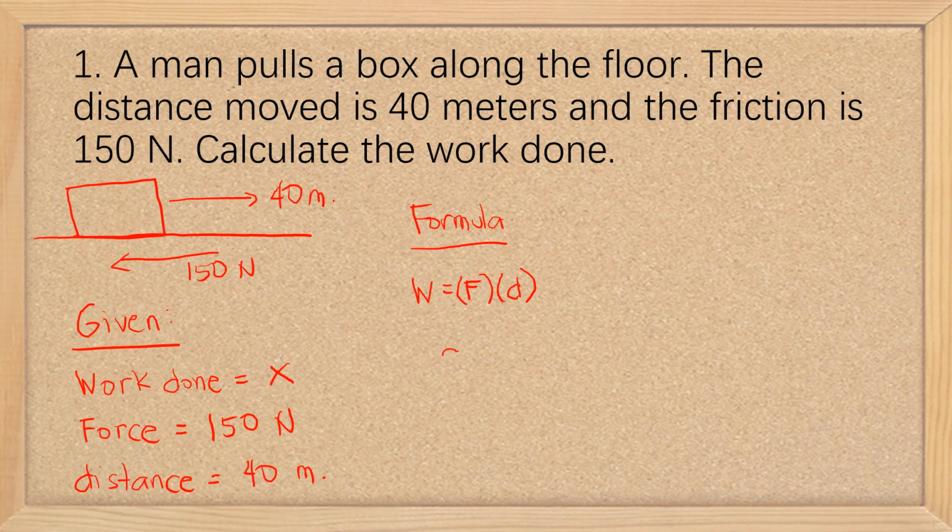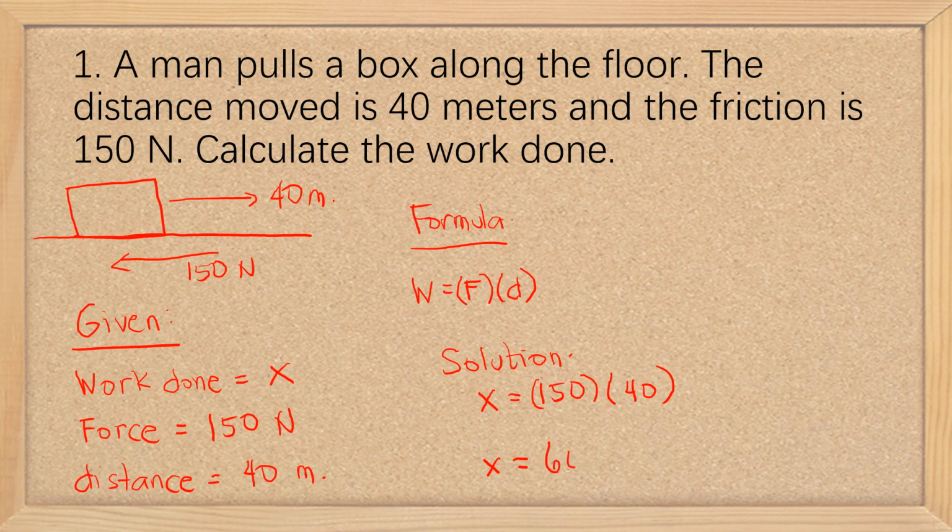So our solution: work done is equal to your force, which is 150 newtons, multiplied by 40. I'll just remove the unit. So that will be x, or work done, 150 multiplied by 40.